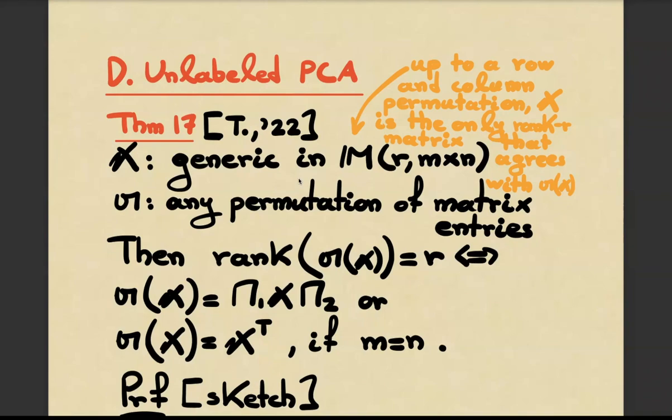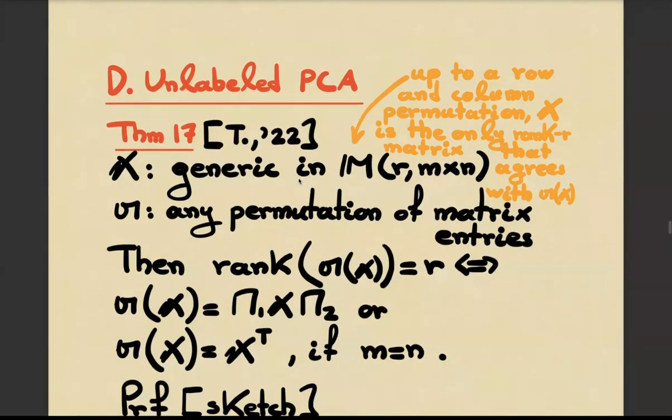Take the product B times C. Then this is a generic matrix of rank R. And if you have a matrix like this, the statement of the theorem is true.